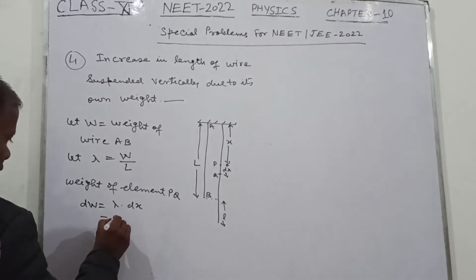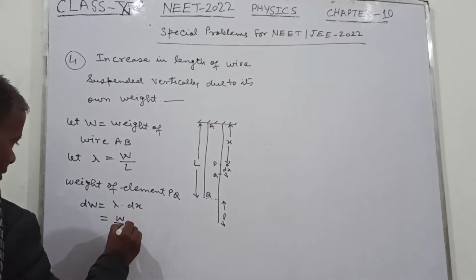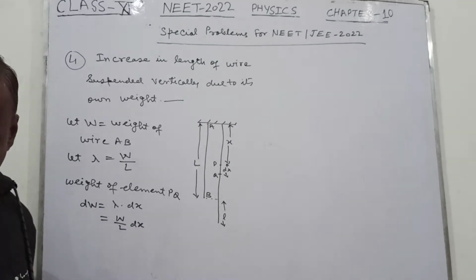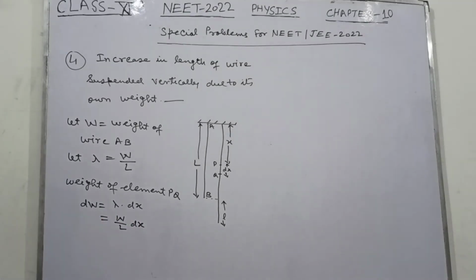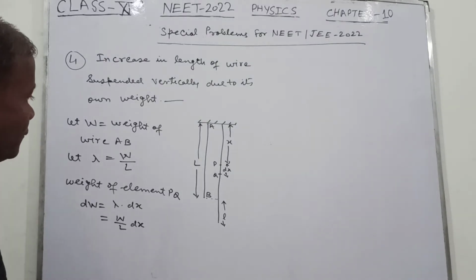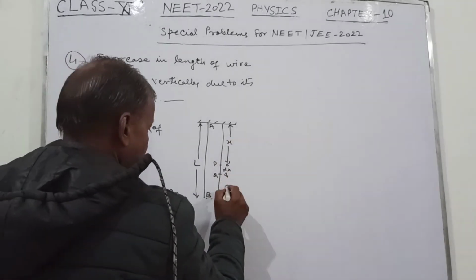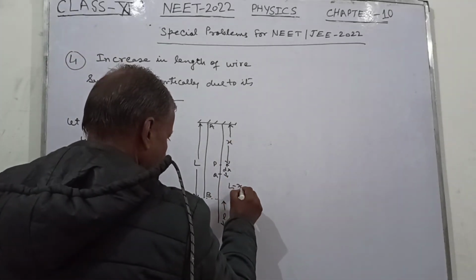So this is W upon L into dx. When we have taken this to be x, then this will be L minus x.